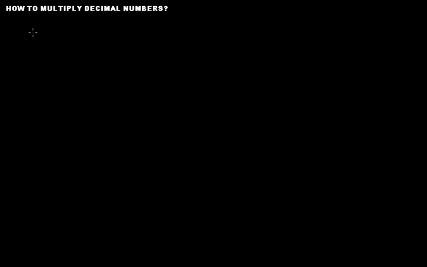If we have two decimal numbers, let's say we have 0.1 multiplied by 0.1. Okay, so if you have to multiply these two numbers, let's begin. Write this 0.1 here and then multiplied by 0.1, same as we do in any other cases.